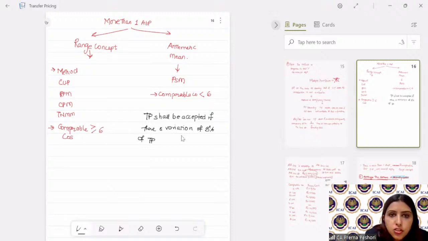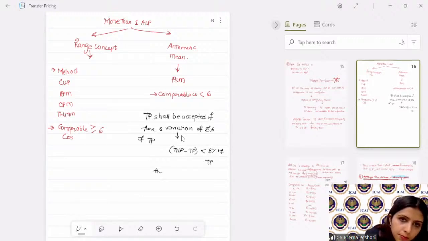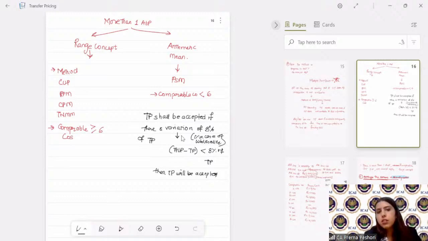What is variation? The ALP minus transfer price is less than 3% of transfer price, then the transfer price will be accepted. This 3% is 1% in case of a wholesaler. For wholesaler, they have given 1%.